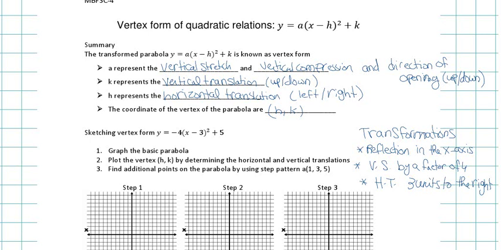So this is causing it to move to the right. Okay? And the last transformation. Vertical translation, 5 units up. That's right. So I have vertical translation, 5 units up.